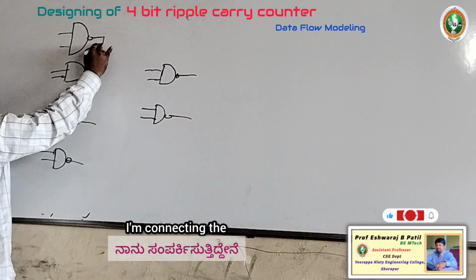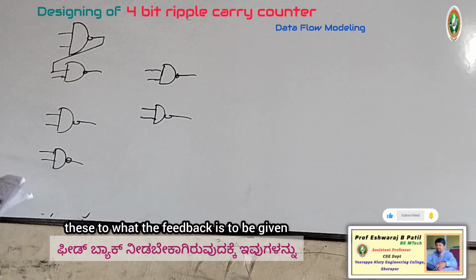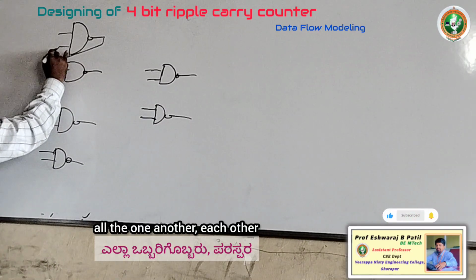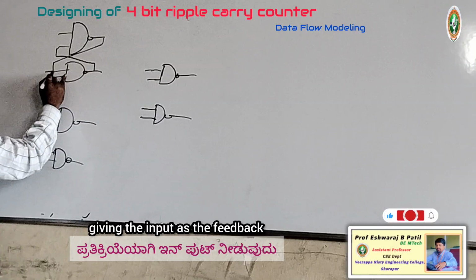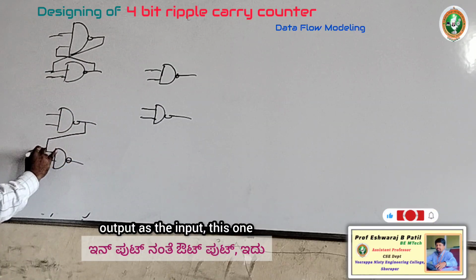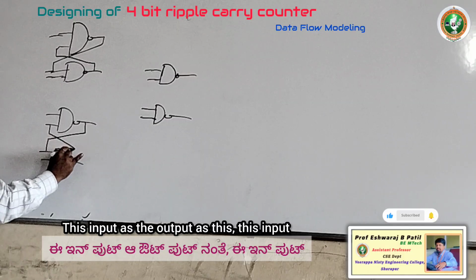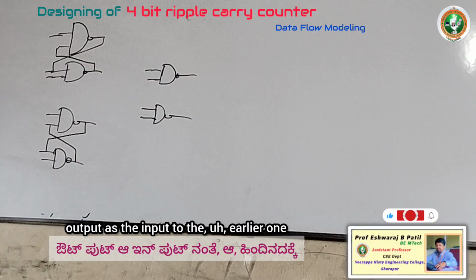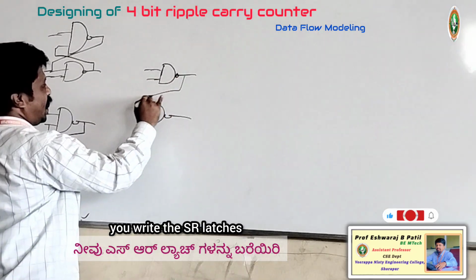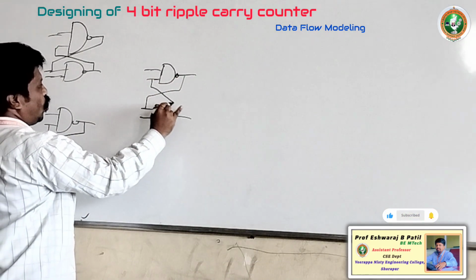The feedback is to be given, each input as the output, and the output as the input to the earlier one, just to make sure of having the output as the input. Similarly, the output of the SR latches goes to the input.